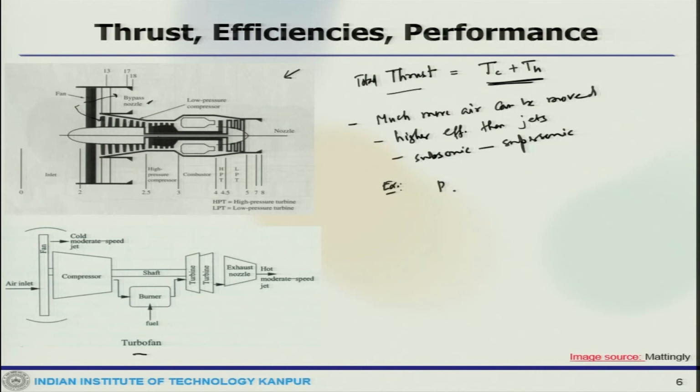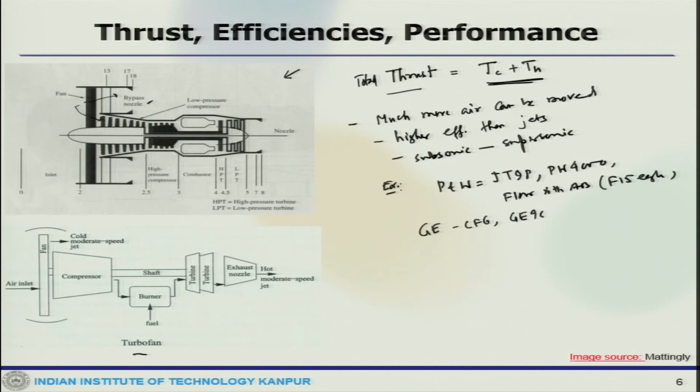For example, one can say Pratt and Whitney JT9D, PW 4000, F100 with AB. This is used in the F-15 Eagle. Then GE CF6, GE90, F110 with AB, which is also used in the F-16 Falcon.